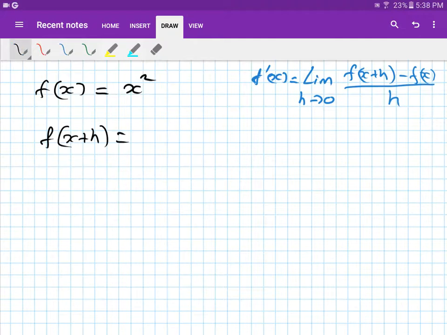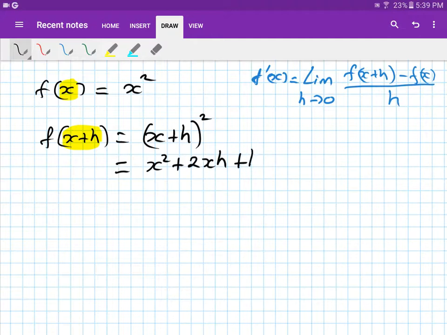Now I just do f(x+h) first. Again, every time you see this x here, replace it with this. That's all. So that becomes (x+h) all to the power of 2. If I expand this out, I will get x squared, x times h is xh, and then you double it, so 2xh, and then plus h squared.